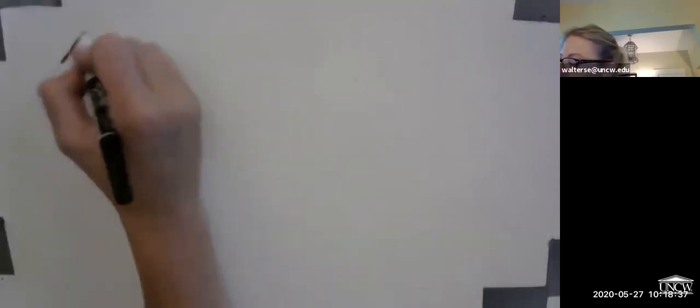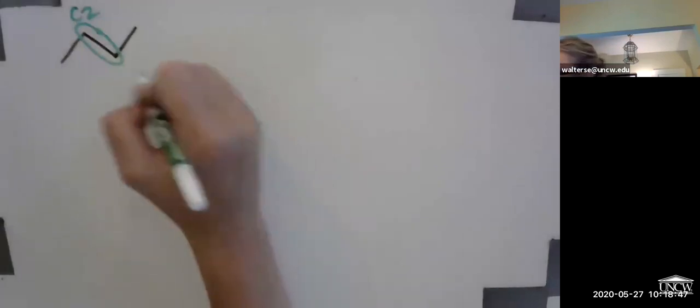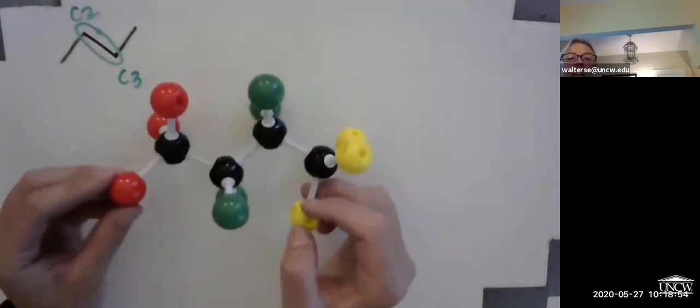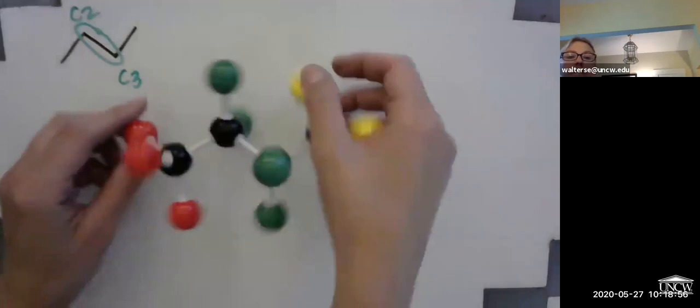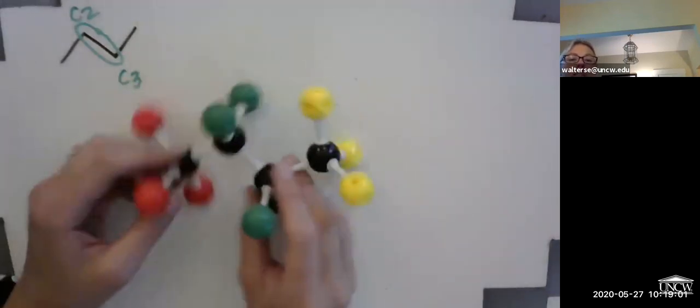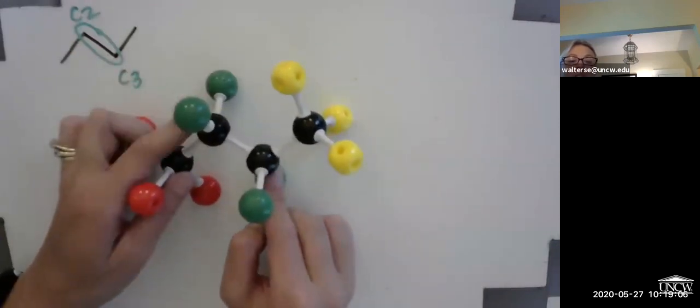Okay, so let's move on to butane. Okay, so 4 carbons is butane. Now this time we're going to look at this bond between carbon 2 and carbon 3. So here's the butane, so it matches the diagram. We're going to be looking down the bond from this carbon to this carbon.